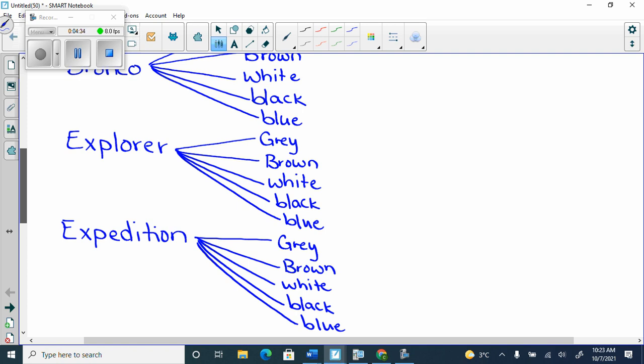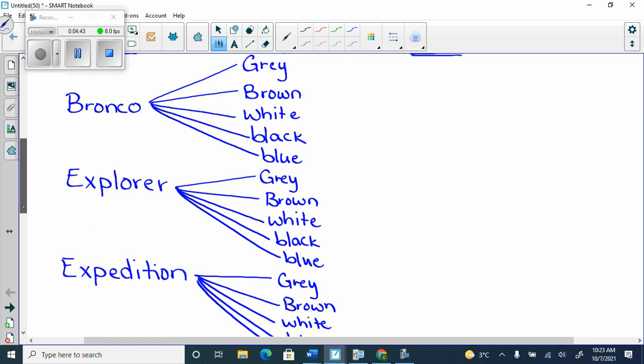So you see the first one I listed what the models were in order, gave spaces, then off those models I listed the color per each, correct? Then our outcomes, we're just going to list what they are.